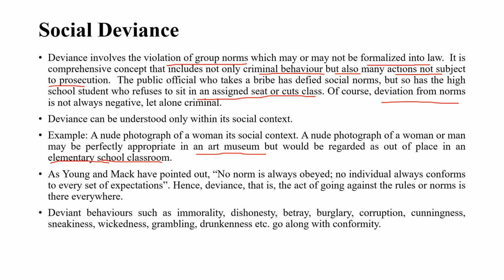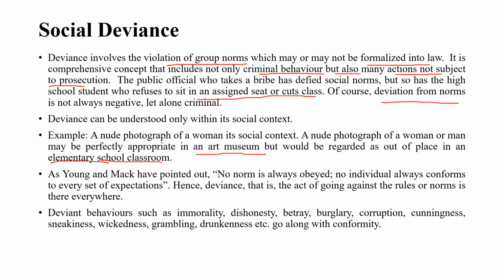Socially, the context changed, and that is why it is considered inappropriate here, whereas in the art museum it was considered appropriate. So deviance is only understood in the social context. In an elementary school classroom, it could be considered a negative kind of deviant behavior, whereas in an art museum it was appropriate.